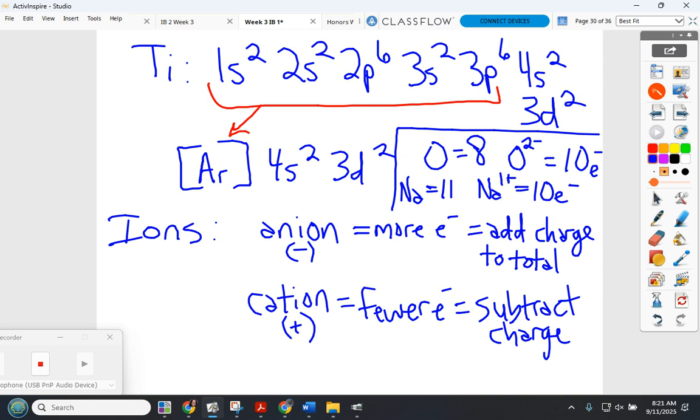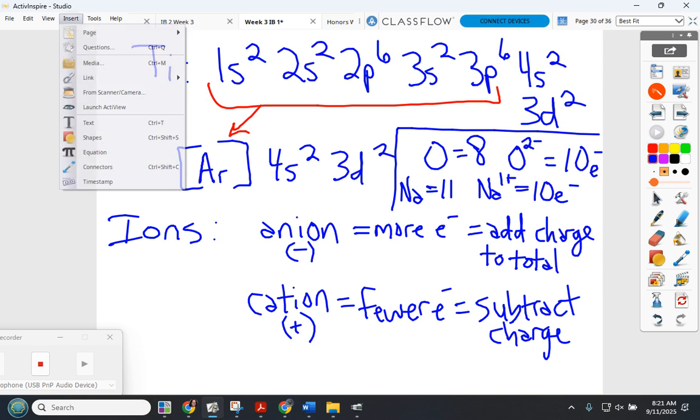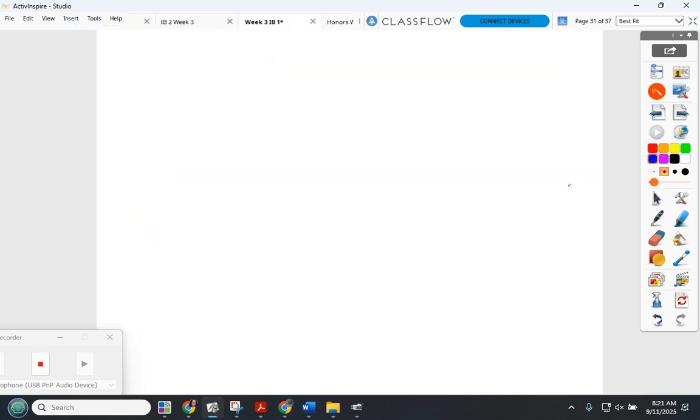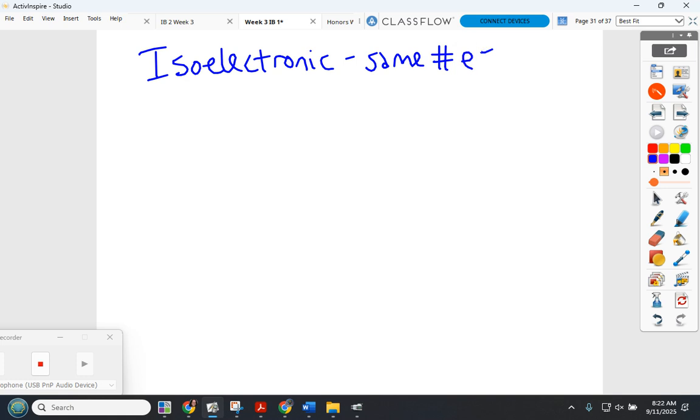Right? Which is actually pretty cool, and that brings us to something that you may or may not have talked about in honors chem, which is isoelectronic species. So, O2 minus, Na1 plus.